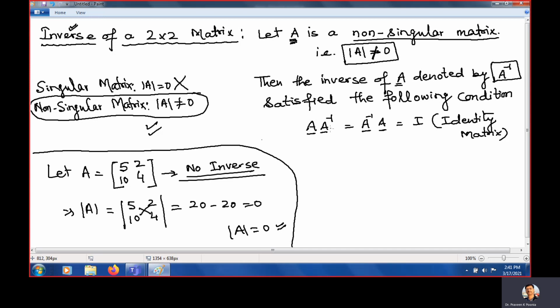It depends on the size: for multiplication of matrices, the number of columns of the first matrix should be equal to the number of rows of the second matrix. That's why we have written both options, A into A inverse and A inverse into A. Each must be equal to the identity matrix. If it is the identity matrix, then your inverse is correct.